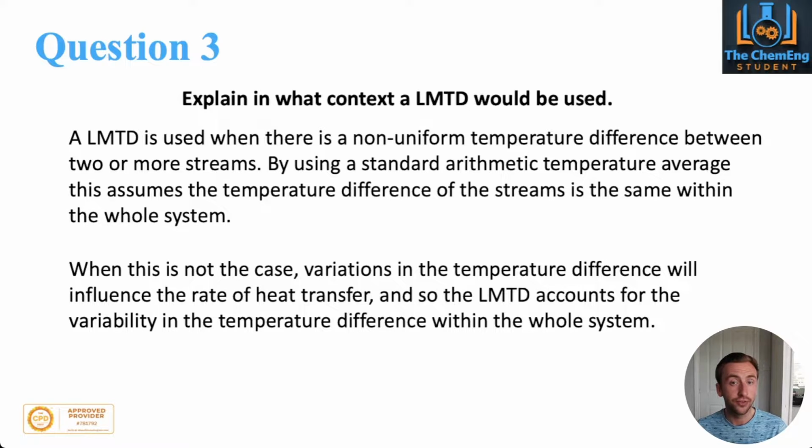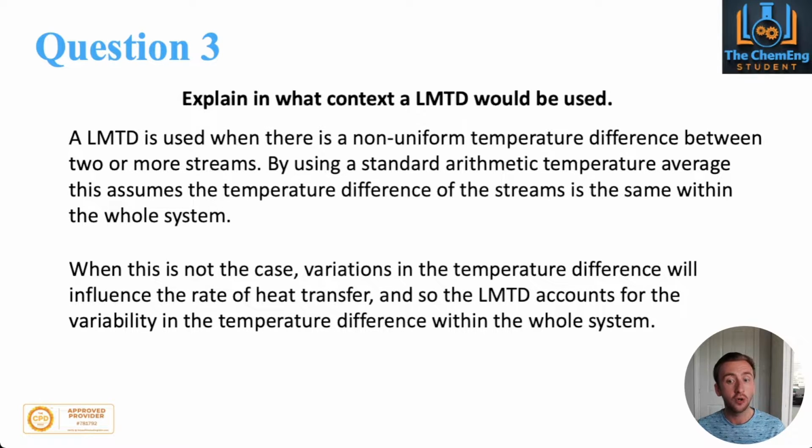Now when this is not the case, in that we can use an arithmetic temperature average, we have to account for variations within the temperature difference, because as we know, the driving force for heat transfer is a temperature gradient. So if there is parts of the heat exchanger where the delta T is higher than others, then essentially you're going to have a varying rate of heat transfer.